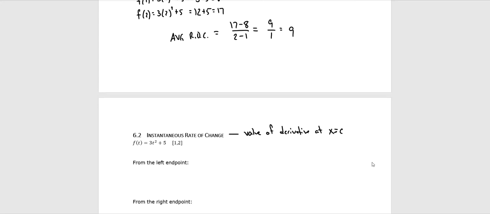Instantaneous rate of change is the value of the derivative at a specific x value. All right, so this is a slope in general. This is the specific derivative. So it's average over a period of time, or it's instantaneous at a certain value. This is what's happening as I click my fingers, which didn't happen very well.